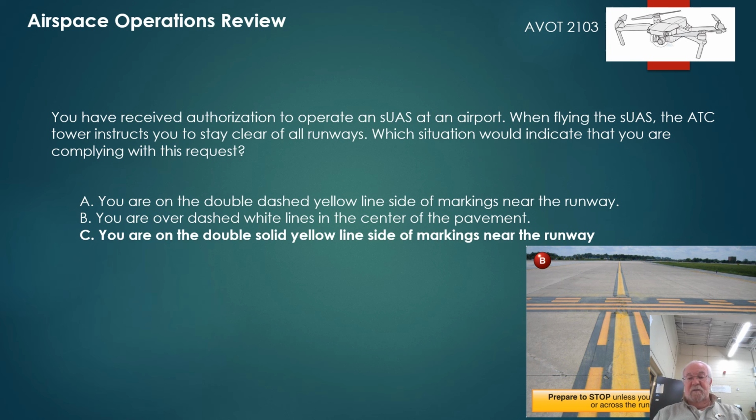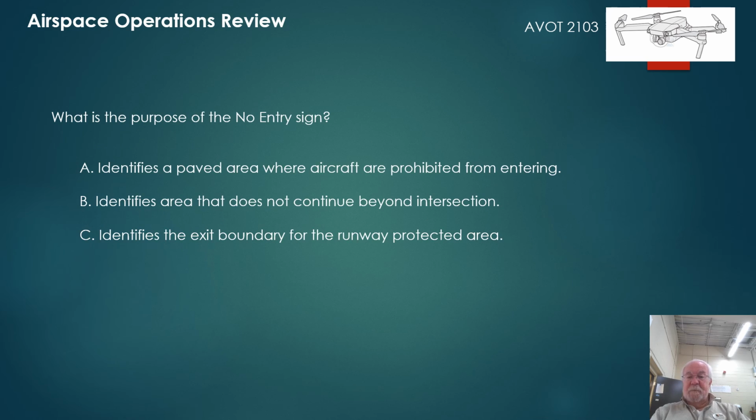You are on the double solid line side of the markings near the runway, so you are complying with their request. He says, stay clear of all runways. Staying on this side of the dash line, or the solid lines, you're complying.